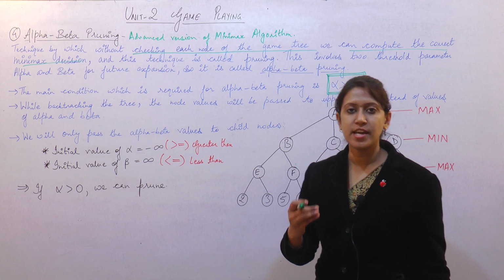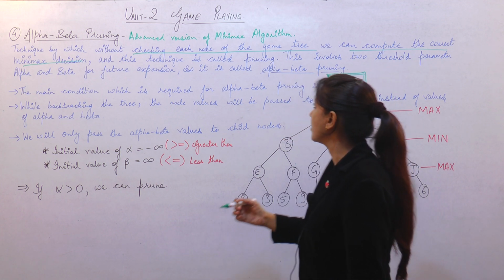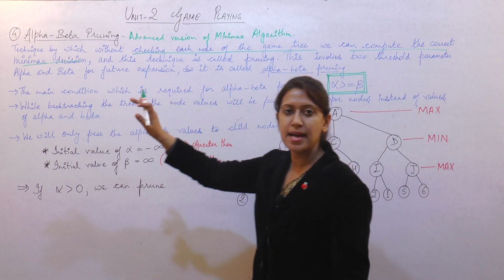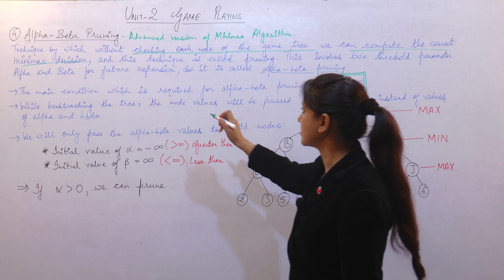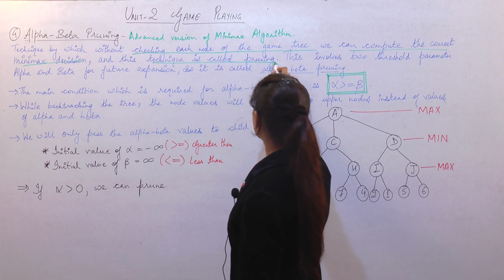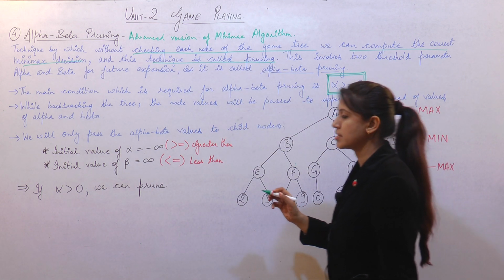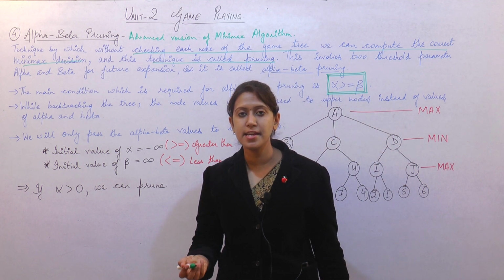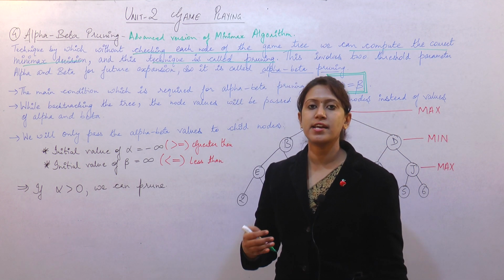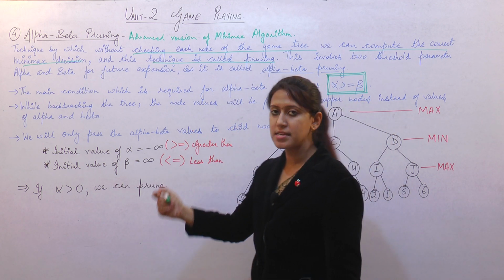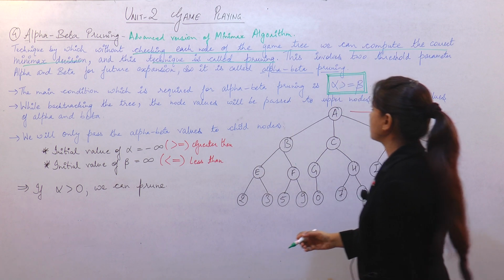Without checking each node of the game tree, we can compute the correct minimax decision, and this technique is called pruning. Understand? So the technique by which we compute the correct minimax decision without checking each node is known as pruning.